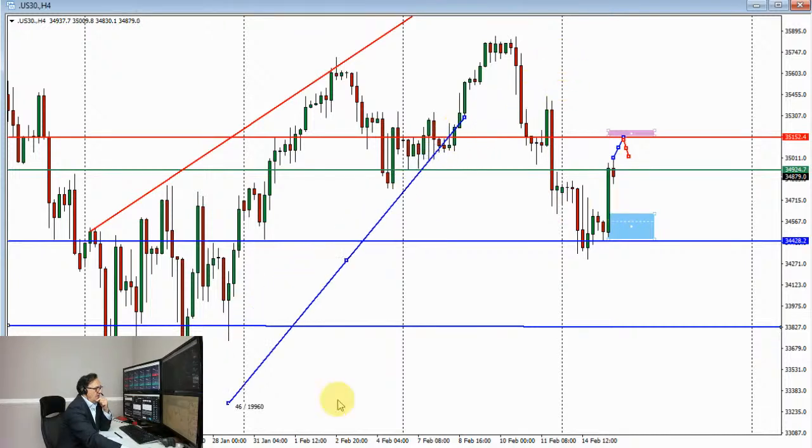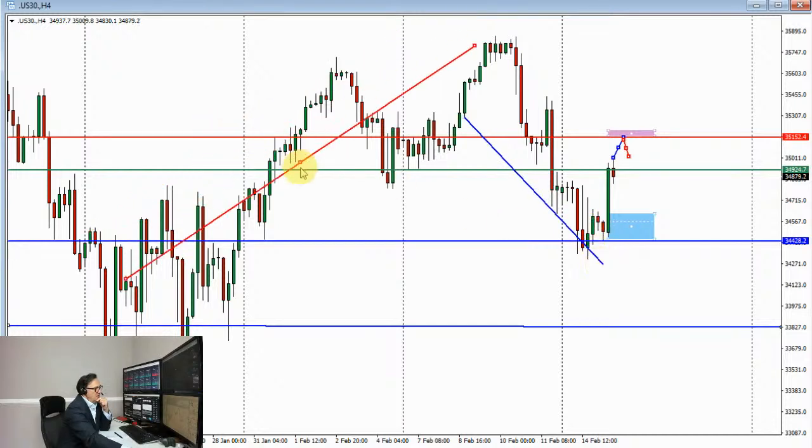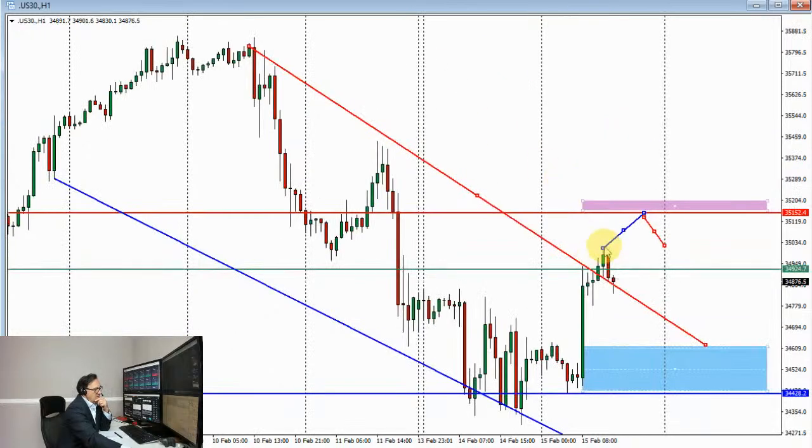And what I mean by that is that the price should really either break from there and sustain itself higher. So something like this: breakout, retest, and then a push higher into this zone here. So 35,100, possibly even 35,400 on the upside.